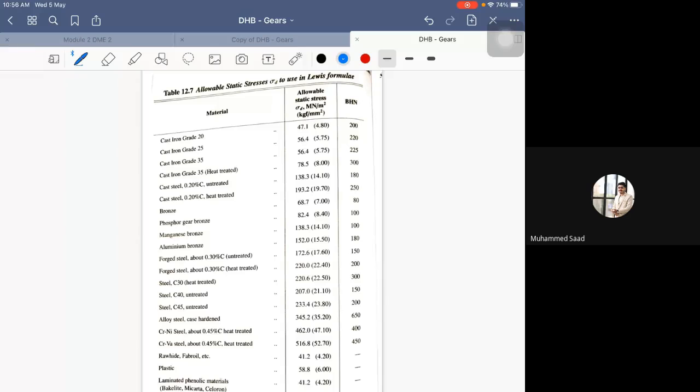Gear, sir. So we are designing all these things on the gear. So what is the value of sigma D2, the allowable stress value, that he has mentioned in the problem?